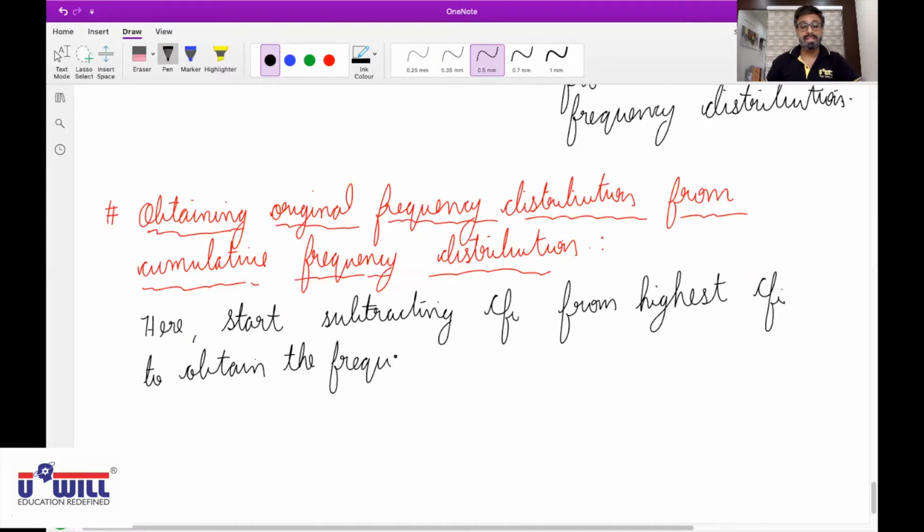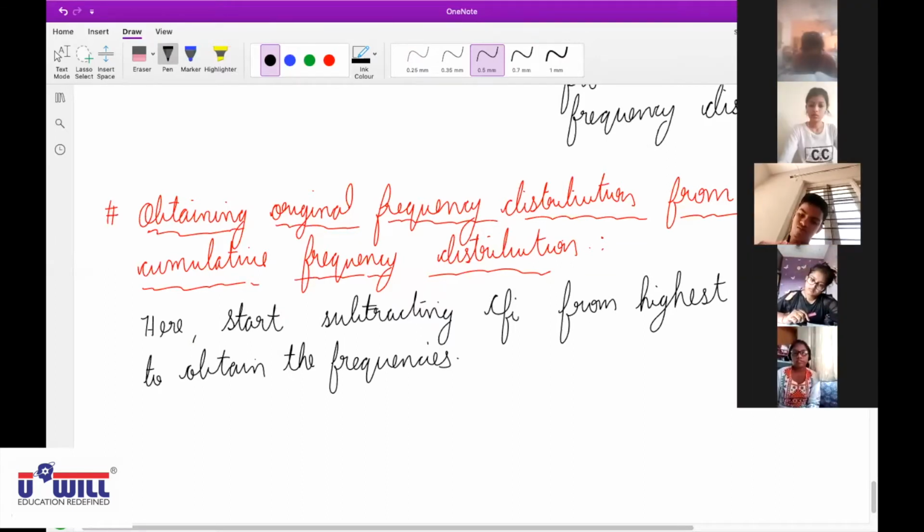So this rule will serve the purpose for less than also and more than also. Whether you are doing it from less than or from more than, you just remember one rule, that you have to subtract from highest CFI.